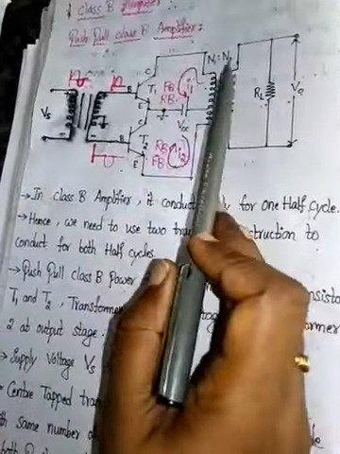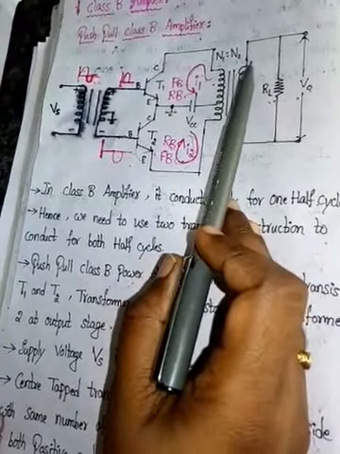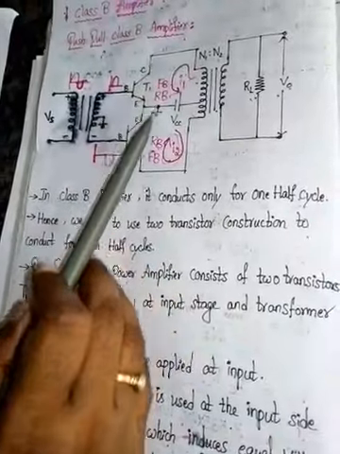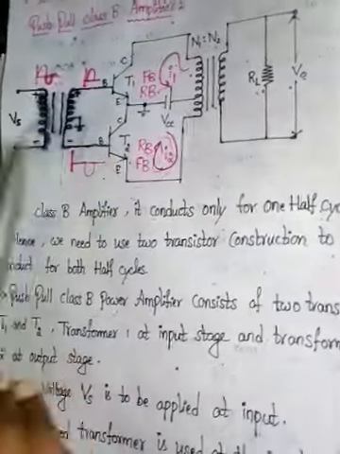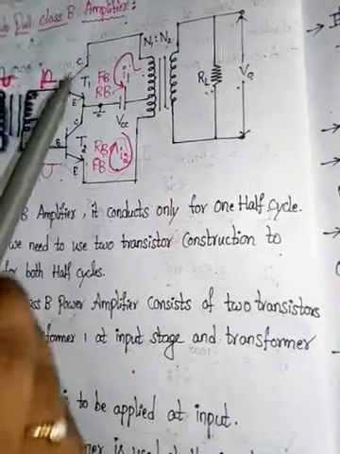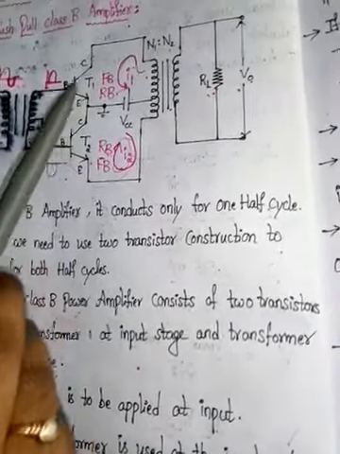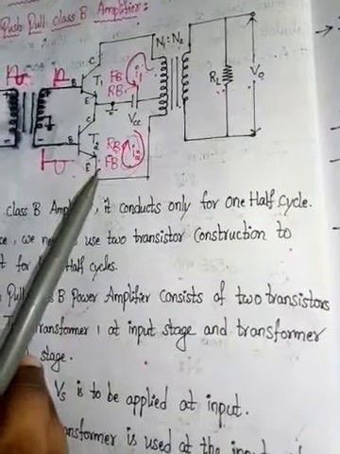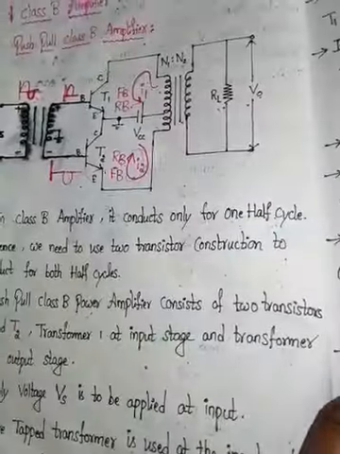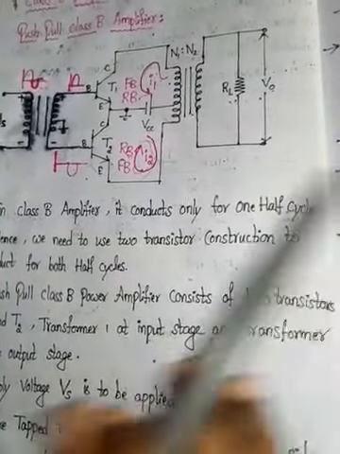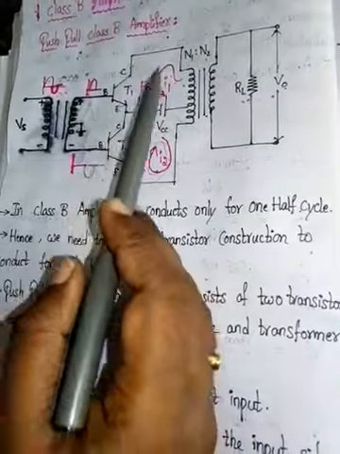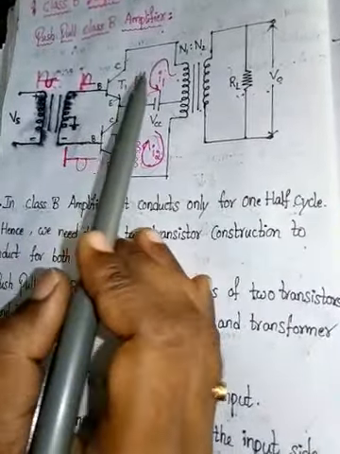Here N1 and N2 are the primary and secondary windings. We consider the two transistors T1 and T2, and both are NPN transistors, so both are of the same type. We call this a push-pull amplifier construction. In a class B amplifier, it conducts only one half cycle.